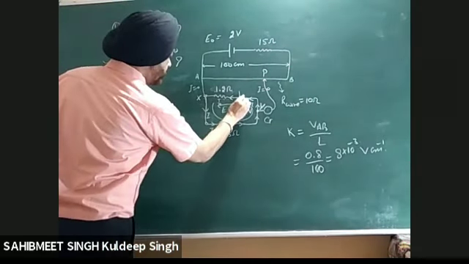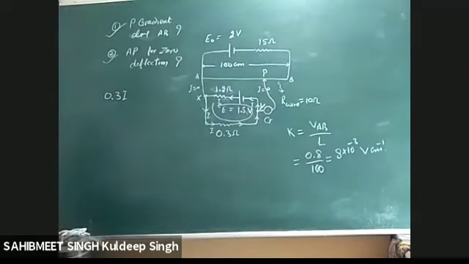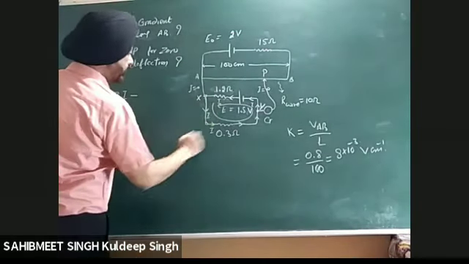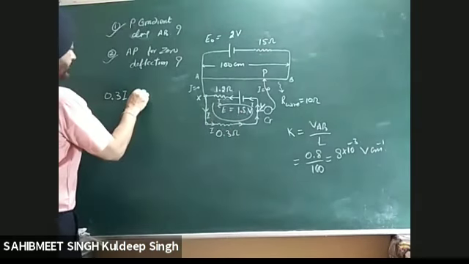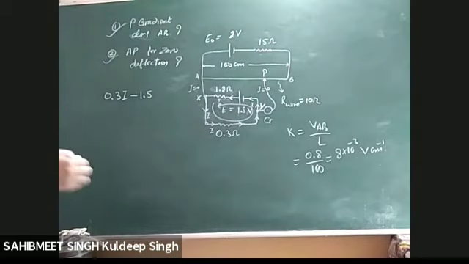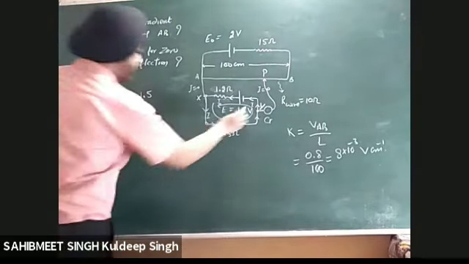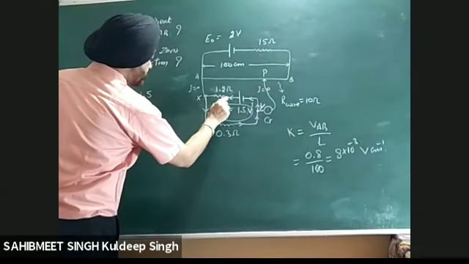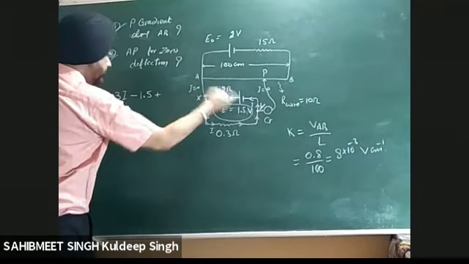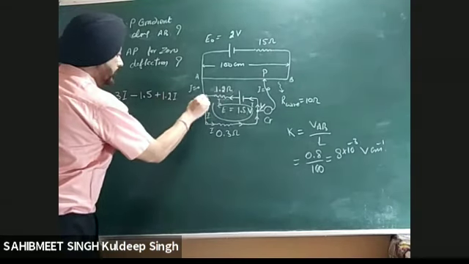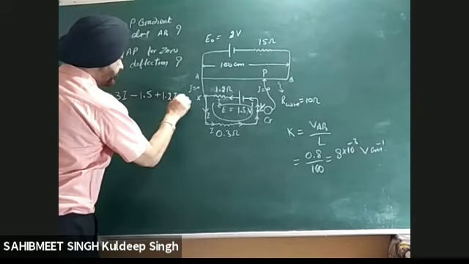Here I get the negative terminal first. Generally, when I get the negative terminal first, I write EMF as minus. When teachers tell the sign convention in another way, they are also right, and I am also right. Here minus 1.5, and then you are passing through this resistance in the same direction, so 1.2 into I, and you come to the same point X, equal to 0.